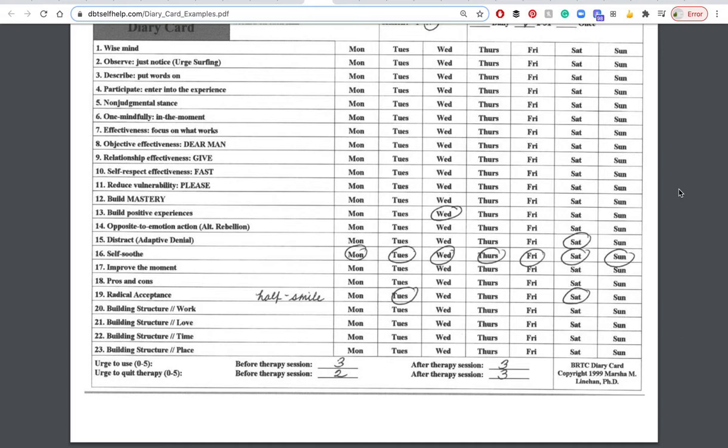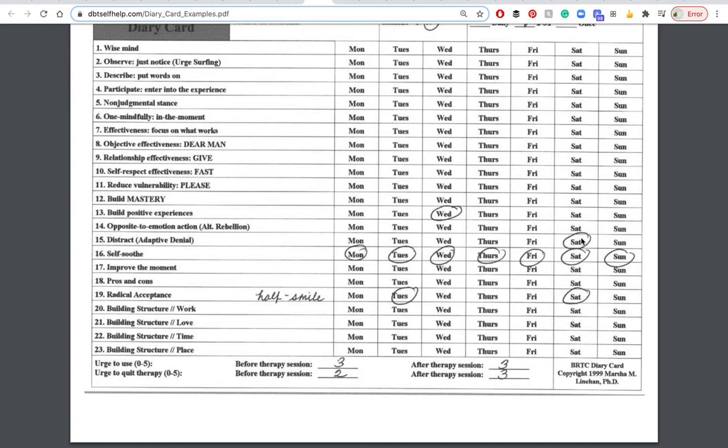I used to joke around that diary cards sometimes felt like bingo cards because of the way they're set up. So this person got a full bingo across on the self-soothe piece. They were able to radically accept and use half smile twice. They built positive experiences on Wednesday, and they were able to distract on Saturday. It also looks like, once again, this is a therapist's point of view, not knowing the details of course, that this person was very skillful on Saturday, which in a group or even a one-on-one session might lead me to ask what was going on.